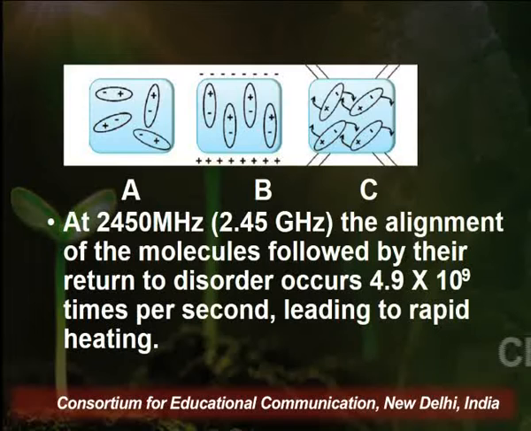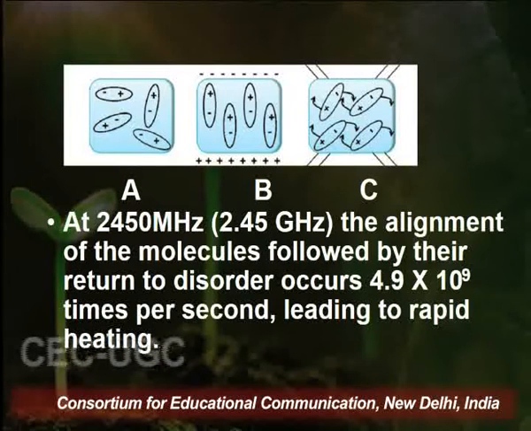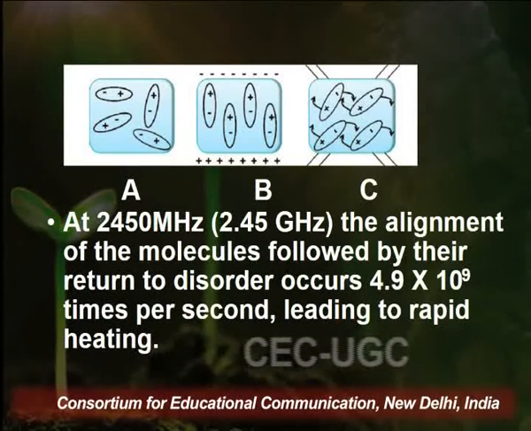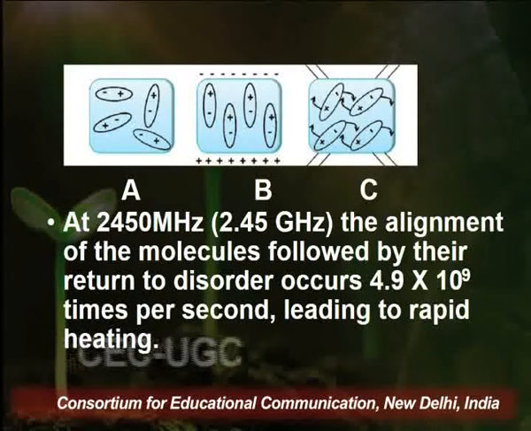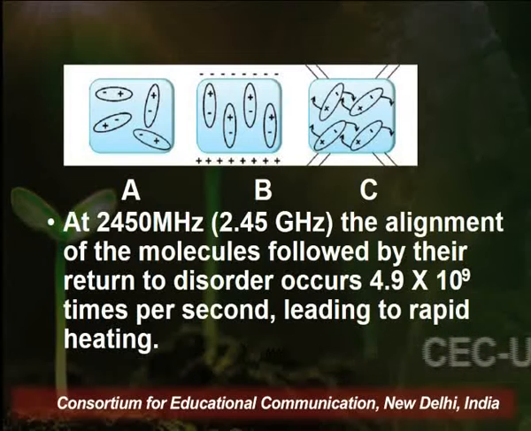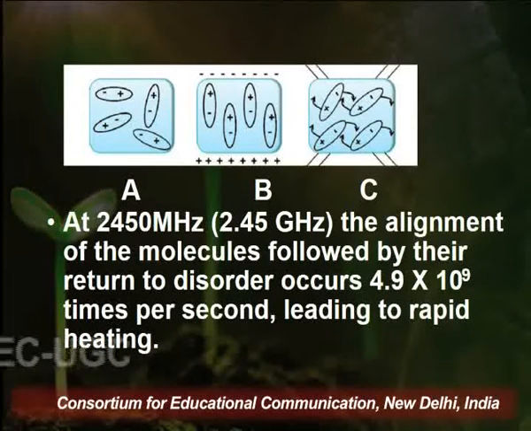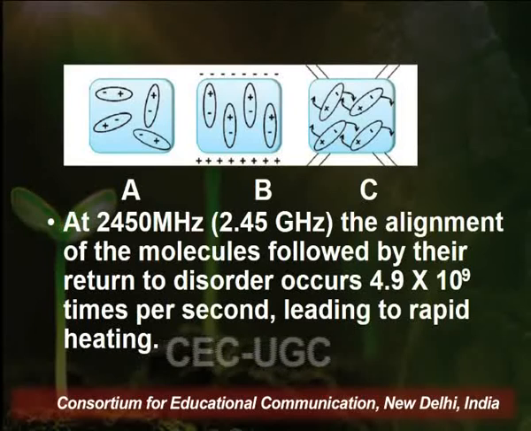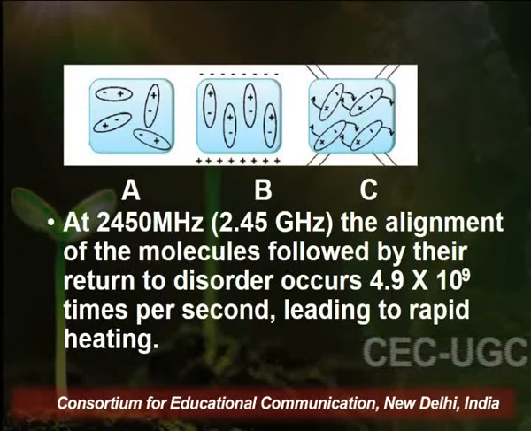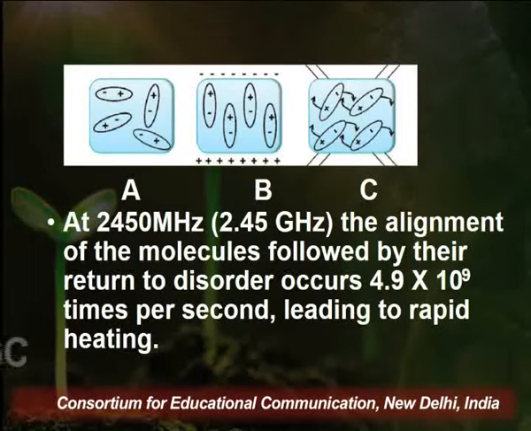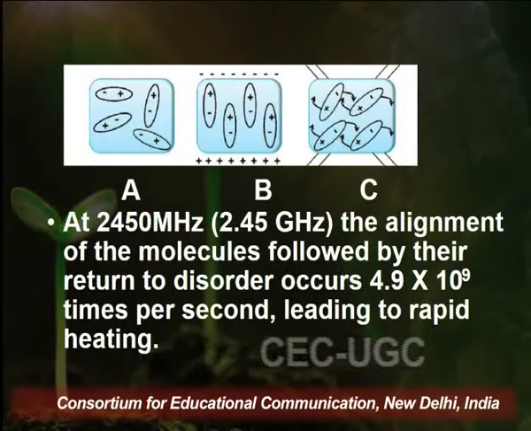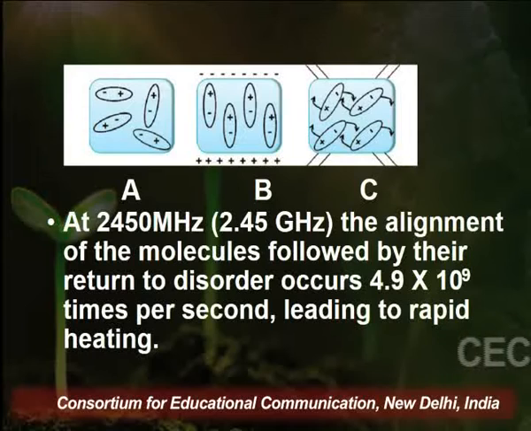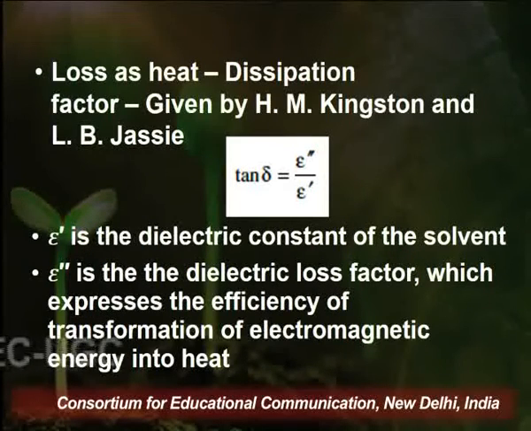It has been found that at the frequency of 2.4 gigahertz, this alignment of the ions followed by their thermal disorder occurs in a cyclic manner, at a tremendously high pace of 4.9 into 10 raised to the power 9 times per second. This tremendous speed of alignment and disalignment causes rapid heat whenever the components or the solvent are exposed to microwave irradiation. So this is how microwaves cause heating in whatever components are exposed to them.